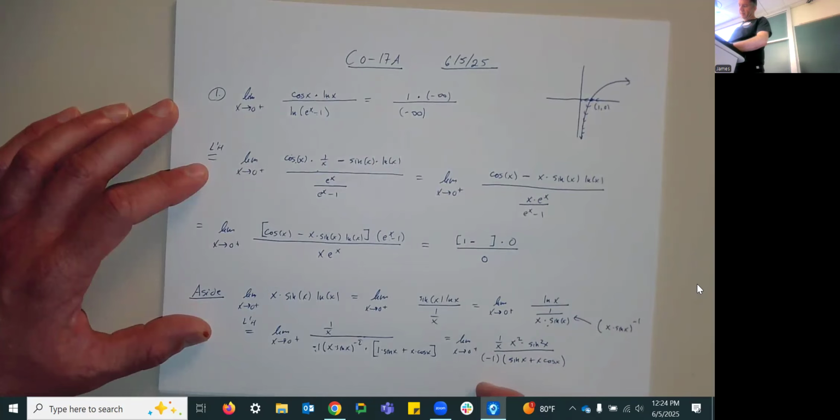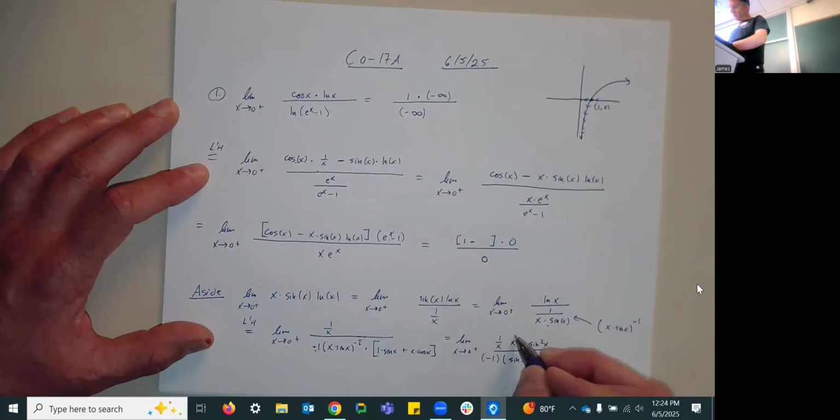Good times. Okay, I'm going to cancel one of the x's here, and then I'm actually going to divide the top and bottom by x as well.